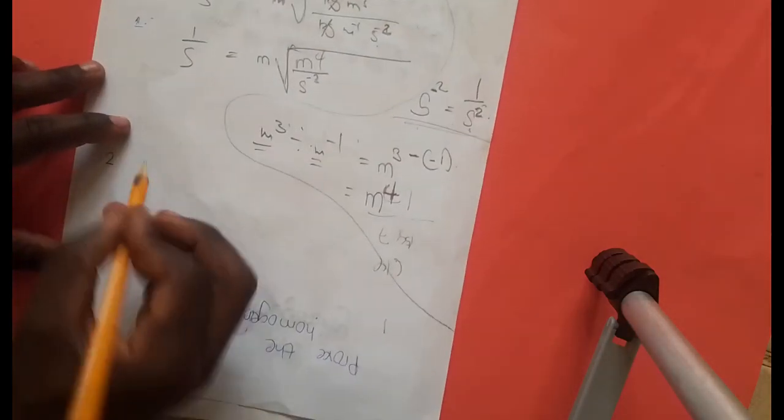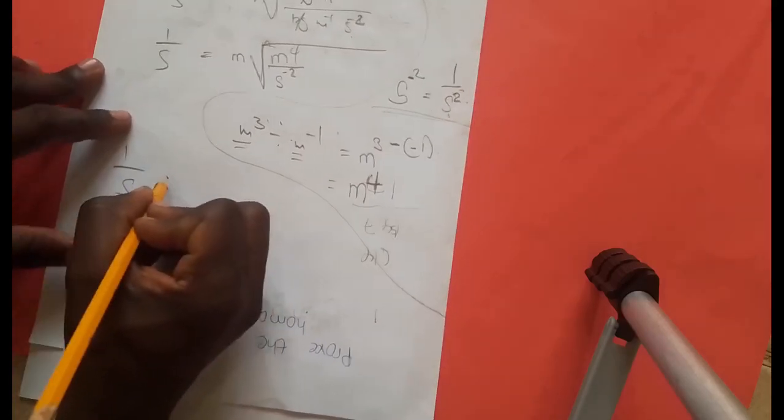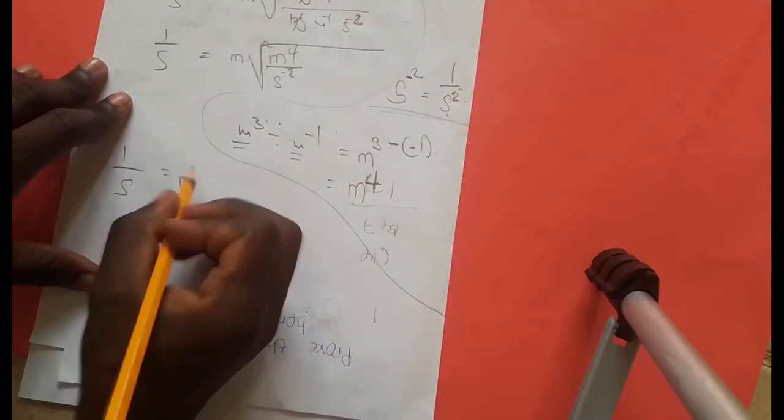So 1 over s is now equal to m under the root of what?